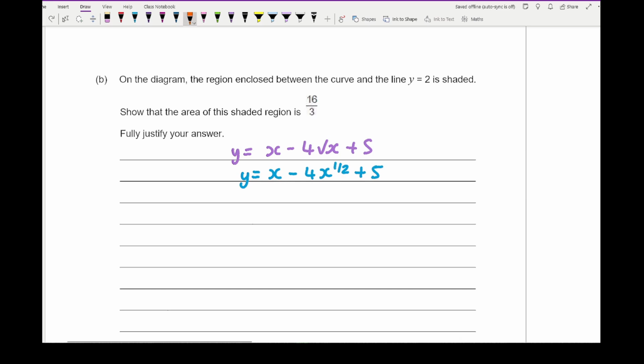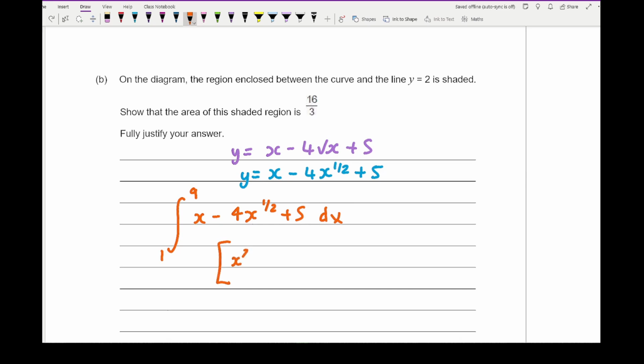Now from this, I want to integrate this from 1 to 9, so I've got x minus 4x to the half plus 5, and we're integrating that with respect to x. And again, you can use your calculator to do this, depending on your calculator, but I would always show working out.